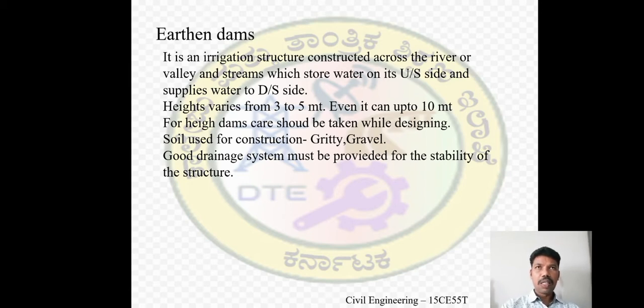Stability means some protection works must be provided, and greater care must be taken for the stability of the dam. Otherwise, an earthen dam with a height more than 10 meters will not be stable. And in the earthen dam, a good drainage system must be provided, and for better stability, a good drainage system must be provided.